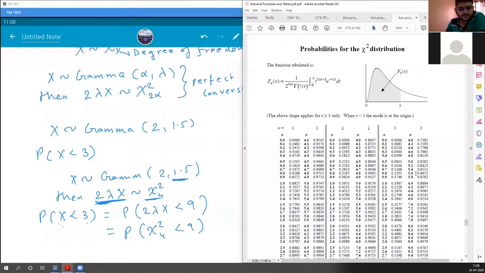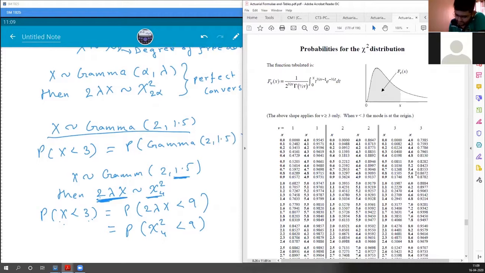Now because chi-square itself is just one single symbol, that is why we do not name it into another variable. Otherwise I could have said y is equal to this, and I would have written y here. Just because we can, we will write it this way. I could have written this as probability gamma 2 comma 1.5 less than 3.